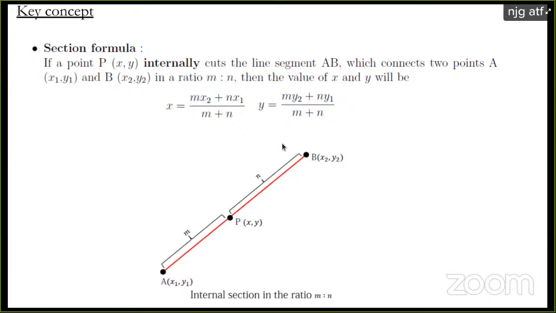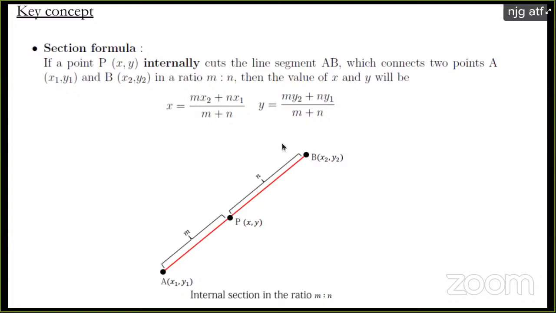So you can calculate x comma y in terms of these x1, y1, x2, y2, m and n. The x coordinate will be equal to m times x2 plus n times x1. So opposite.